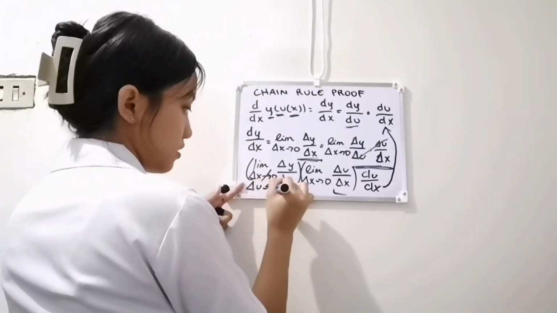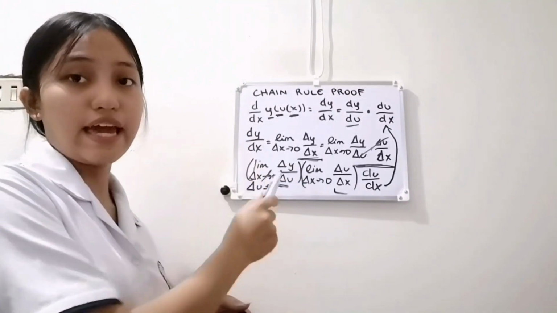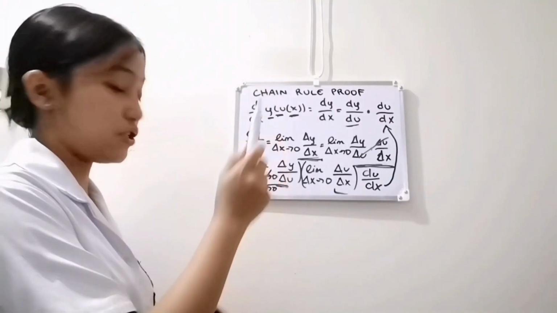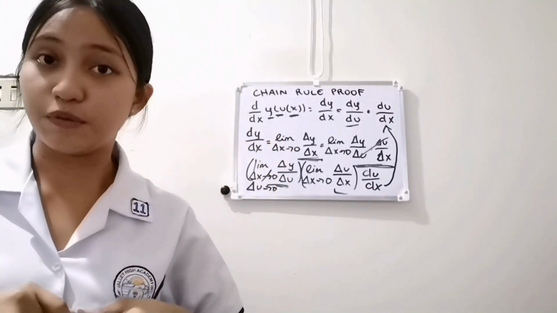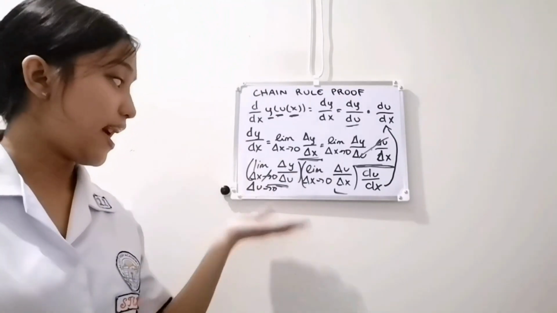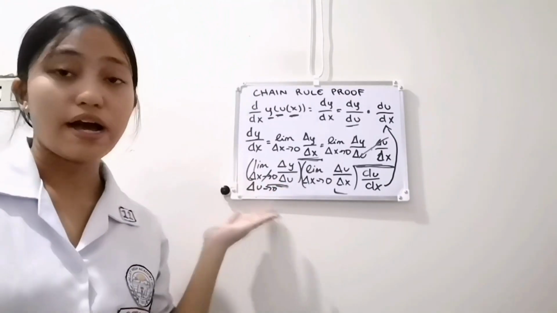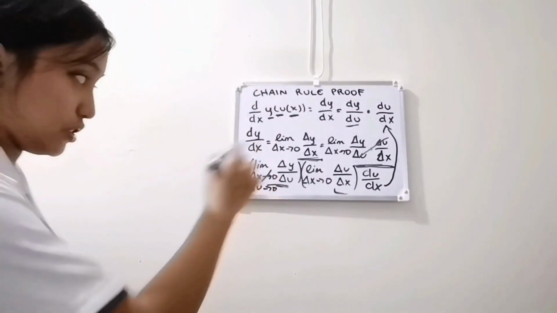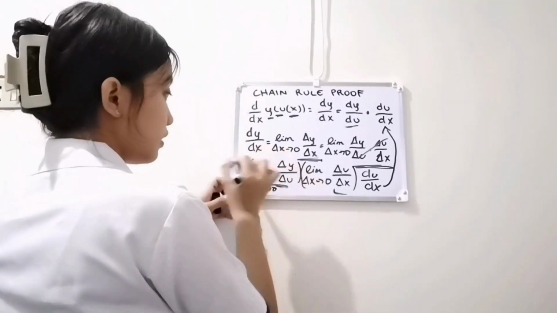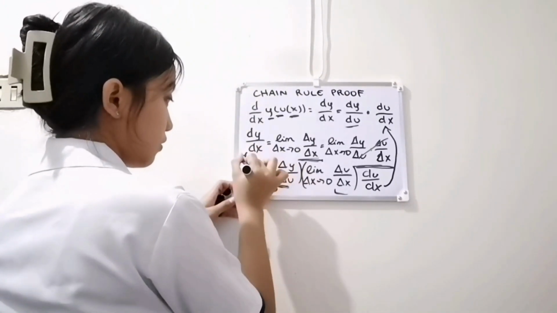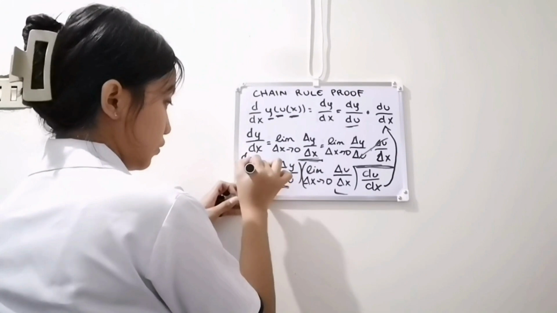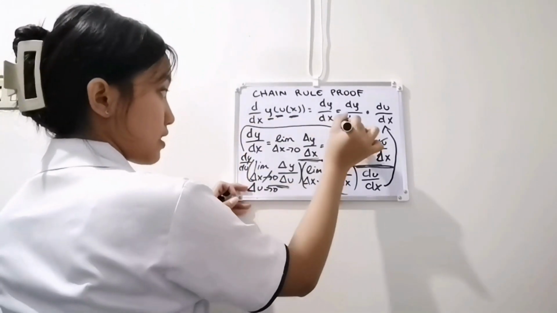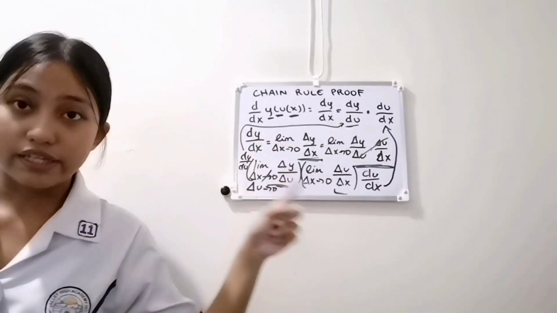As our change in x gets smaller and smaller, our change in u is going to get smaller and smaller. So we can write this as delta u approaches 0. So this is dy over du, which is what we exactly have right here.